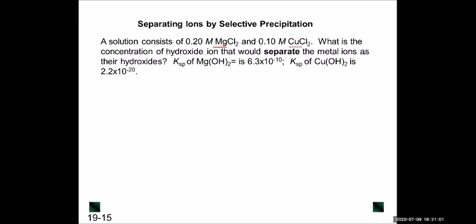To form precipitate is when the QSP is larger than KSP, it'll form precipitate. We just need to find a concentration of hydroxide to make those ions precipitate.